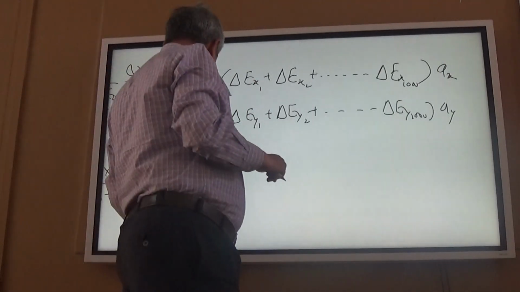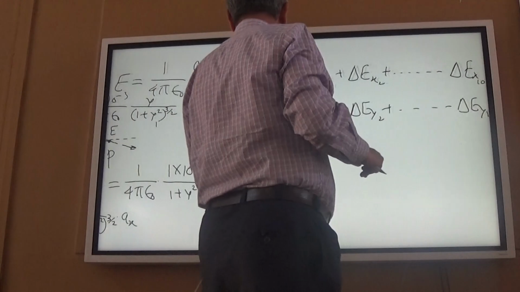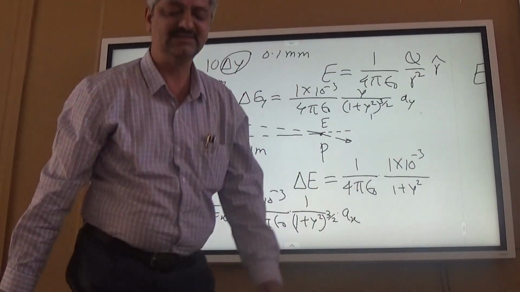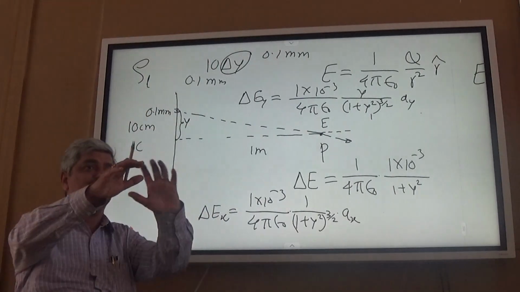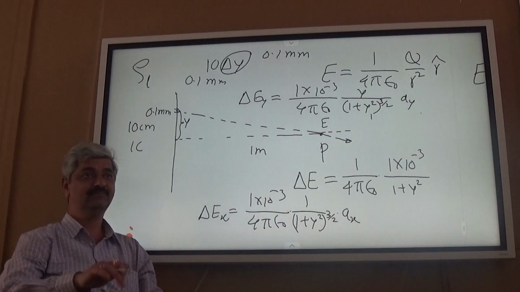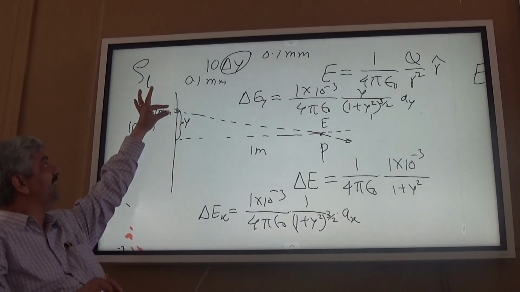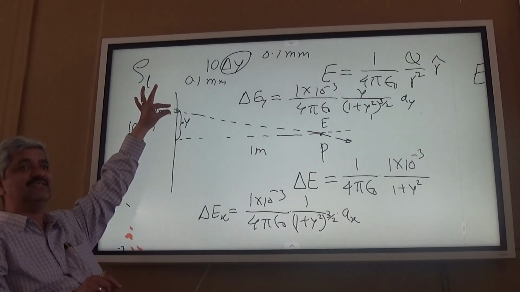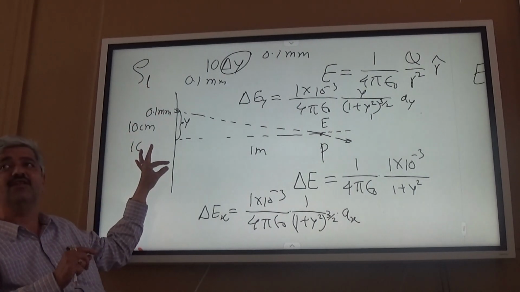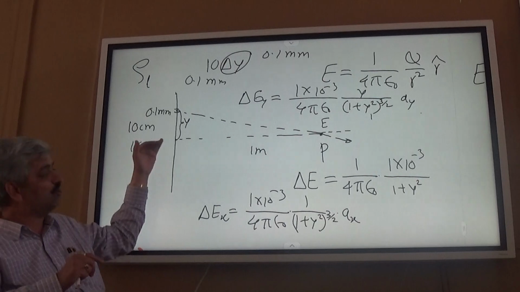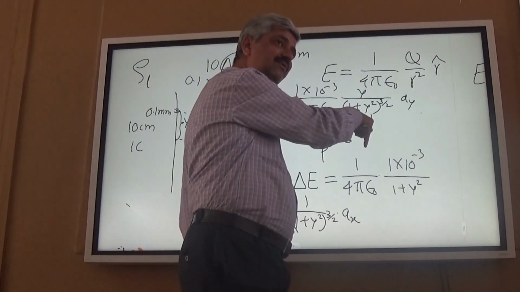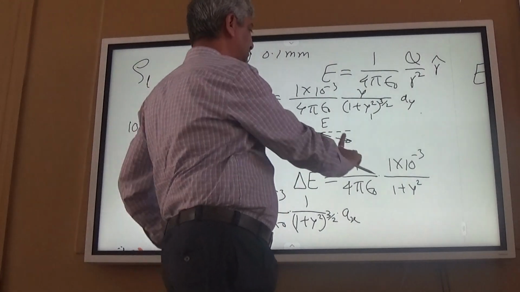Now, by common sense, what will you instantly conclude? What about the y components? For every such small segment on this side, there is a symmetric one on the other side. Because of that, the y component of this is negative and the y component of this is positive.